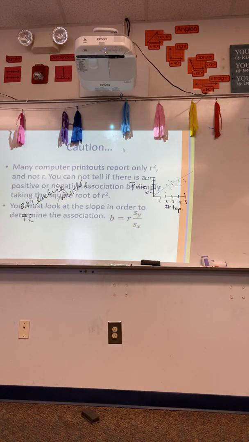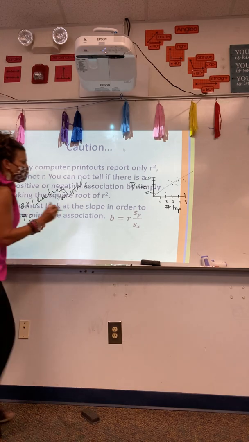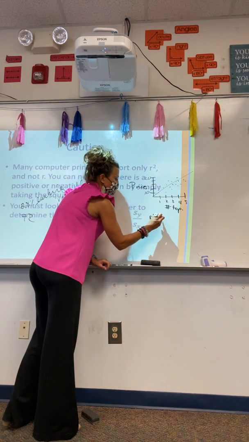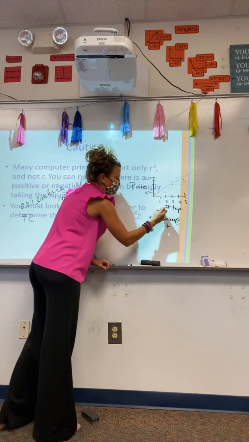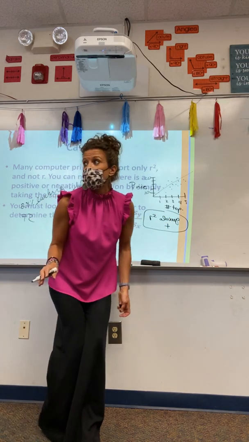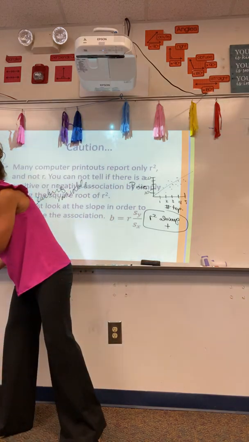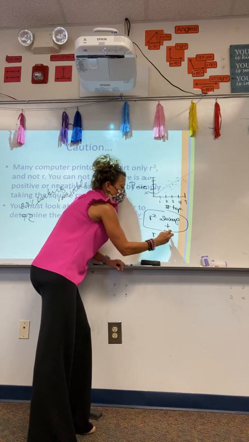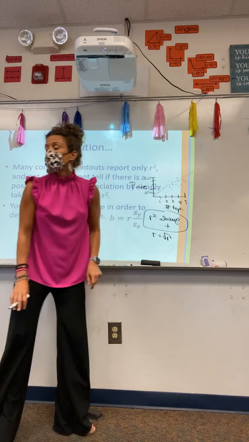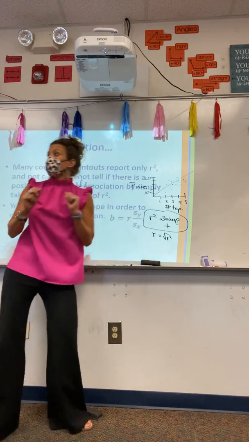R and R-squared. Be careful because R-squared is always positive, because when you square a number, it's always positive, right? If I asked you to find R, R is the square root of R-squared. But can't R be negative?